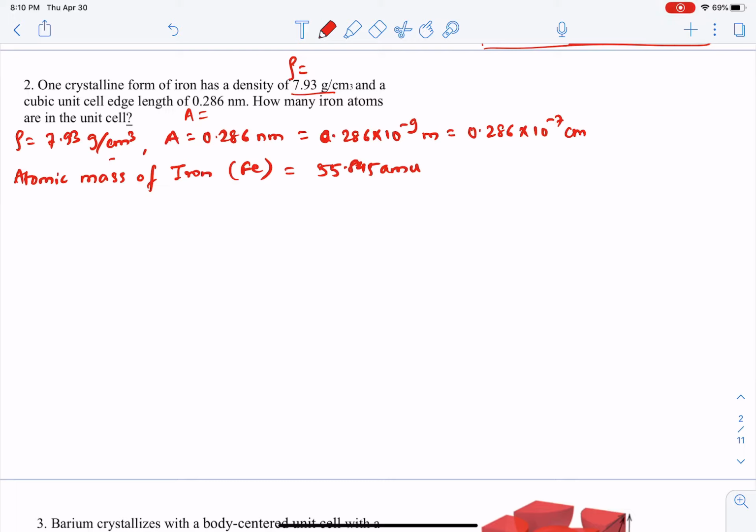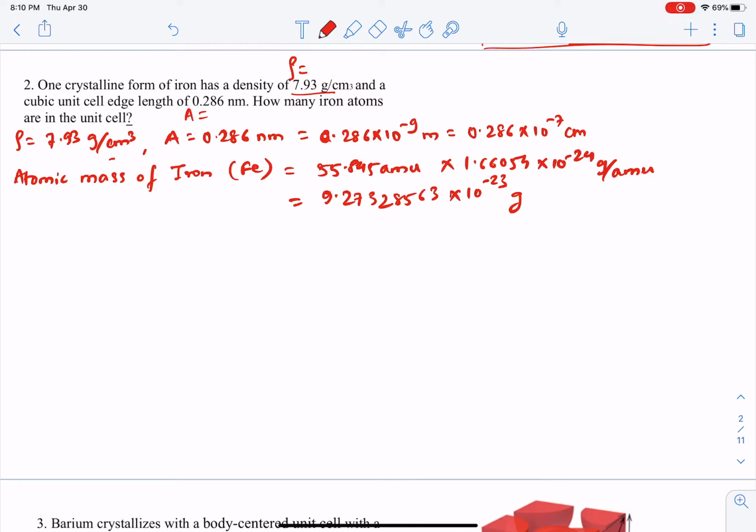So we will multiply this with 1.66054 into 10 raised to minus 24 grams per AMU, and we get 9.27328563 into 10 raised to minus 23 grams. So now we have the atomic mass of iron in grams.